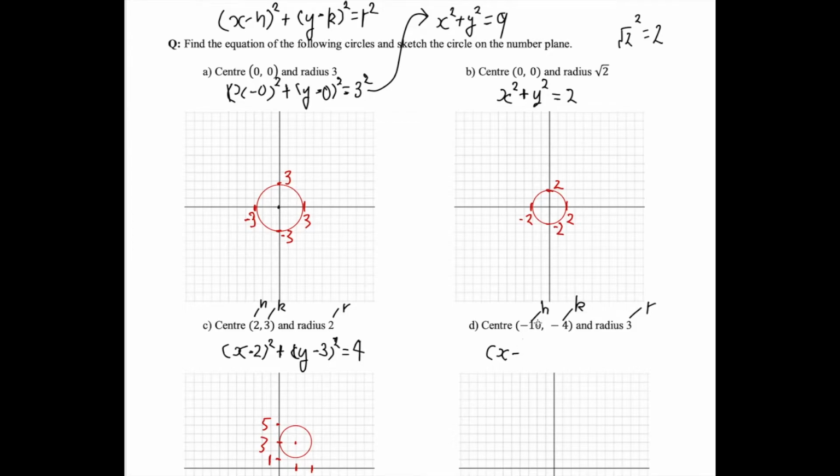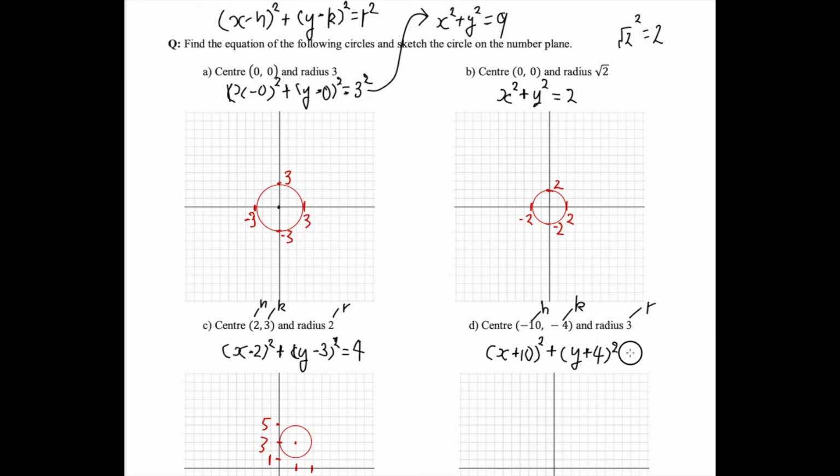X minus minus 10 is x plus 10. So I'm just going to write x plus 10 squared plus, now this is going to be y minus minus 4, which is, as you should know, two negatives becomes a positive. However, two wrongs do not make a right.